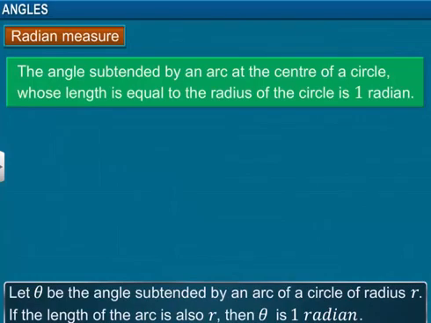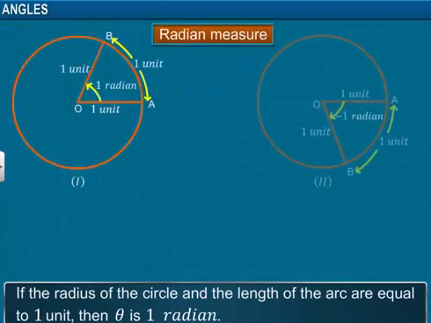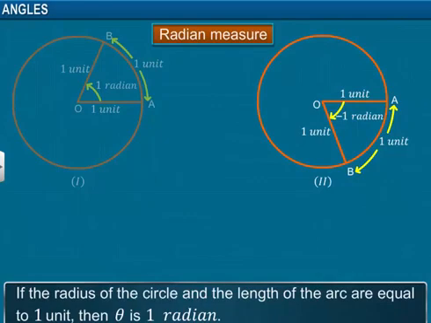If the length of the arc is also r, then theta is equal to 1 radian. If the radius of the circle and the length of the arc are equal to 1 unit, then theta is equal to 1 radian. Figure 1 here shows the measure of 1 radian, while figure 2 shows the measure of -1 radian.